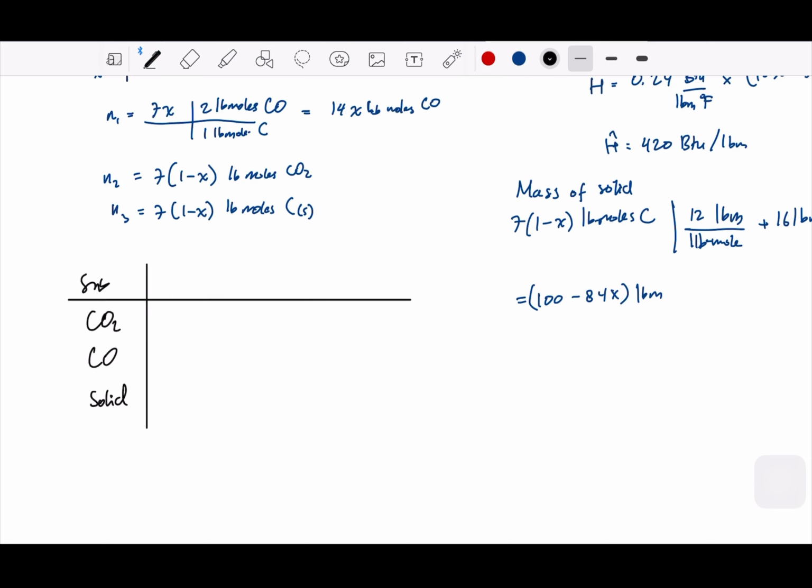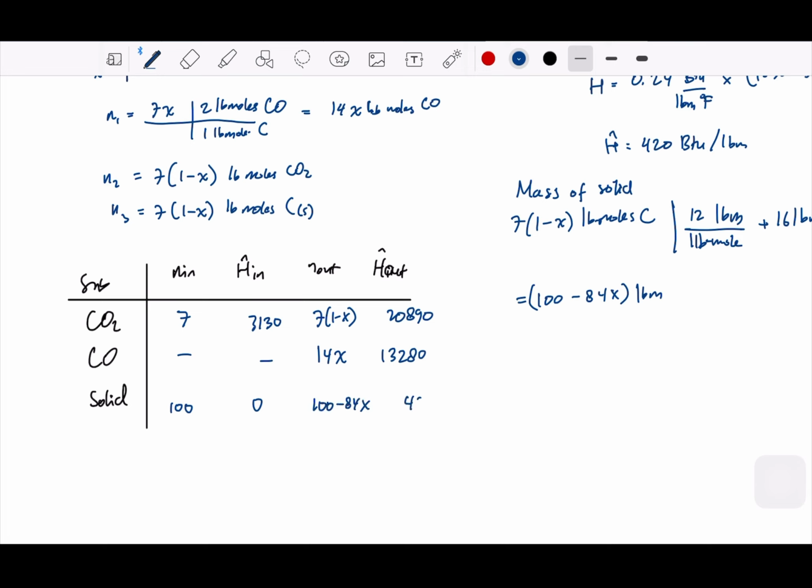So we could try to write the enthalpy from the outlet and inlet. This is 7, this is 100, this is 3000, this is 0, this is 7(1 minus x), this is 20,890, 14x, 13,280, and this will be 100 minus 84x.